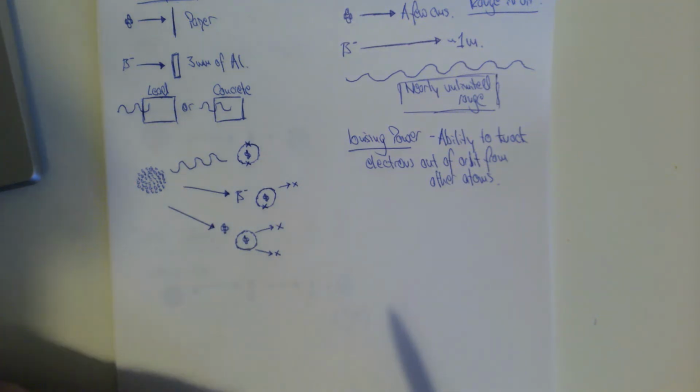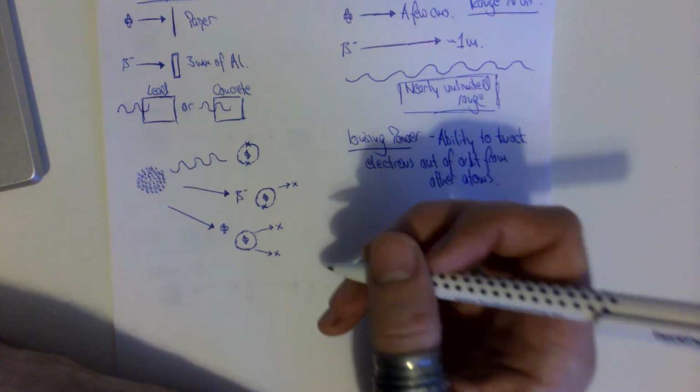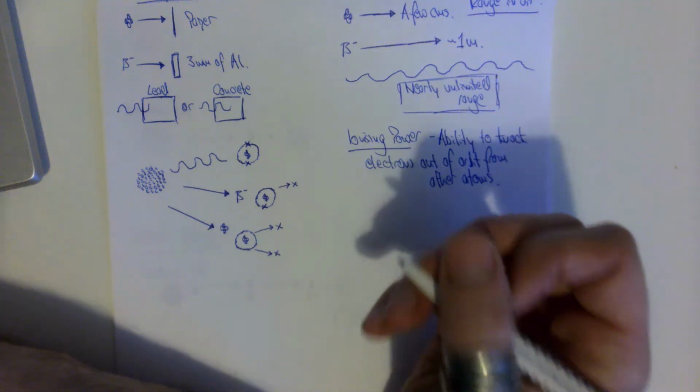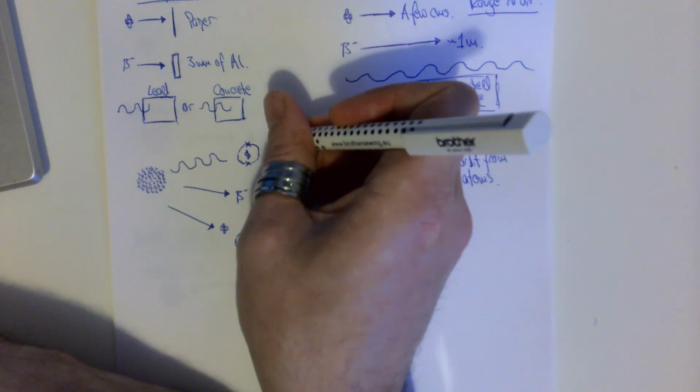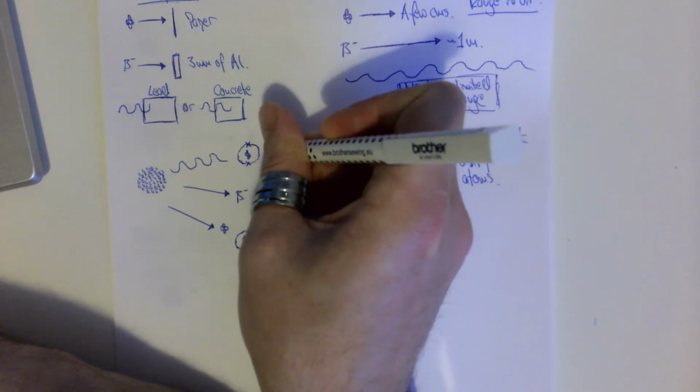So gamma, because its energy is a wave and it's not got a lot of mass, it's got the lowest ionizing power.